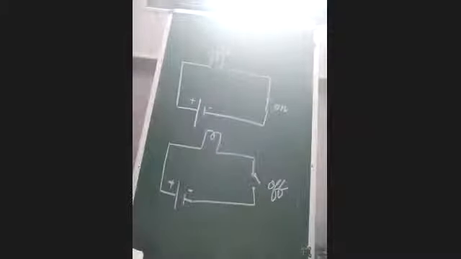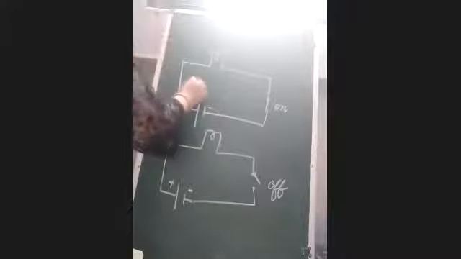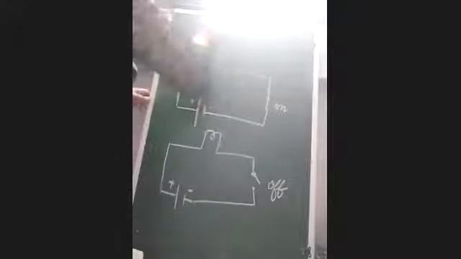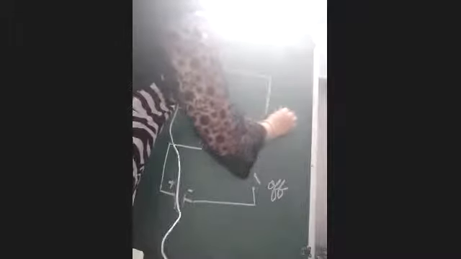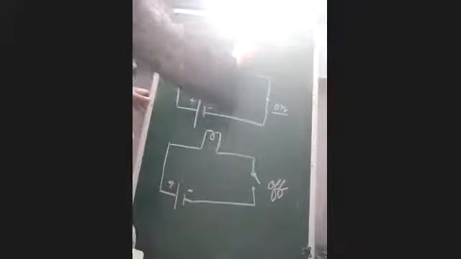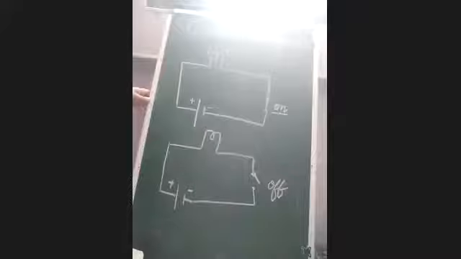So what will happen? This is a circuit diagram. But when the switch is on, the bulb will glow. When the switch is off, the bulb will not glow. Is that clear to everyone?